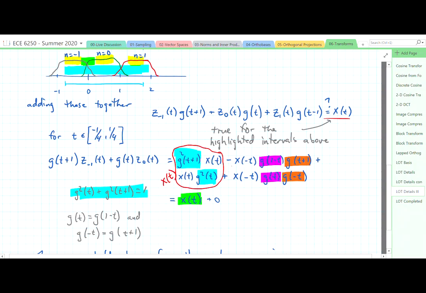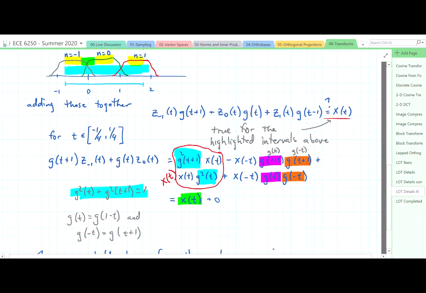Now we have this minus x of minus t and plus x of minus t multiplied by this g of 1 minus t and g of t plus 1 and g of t and g of minus t. Well, g of t is equal to g of 1 minus t. We already know that. That was part of the definition, so that's just g of t. And g of t plus 1 is equal to g of minus t.